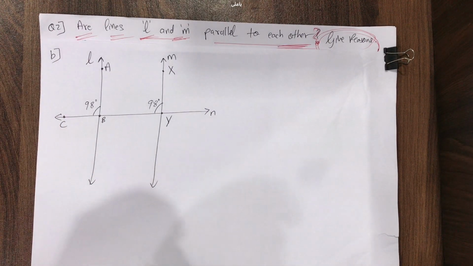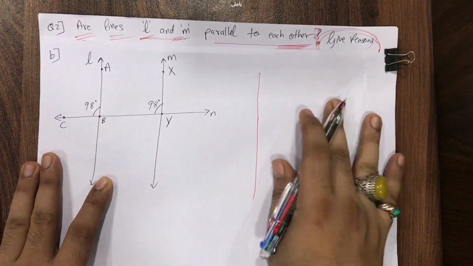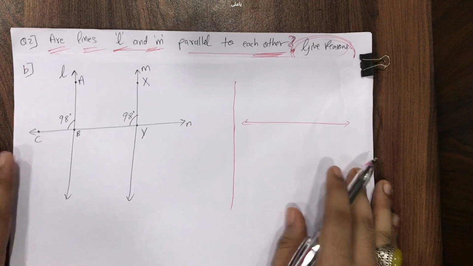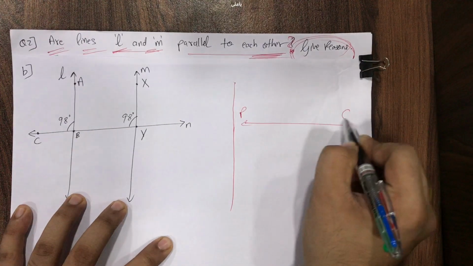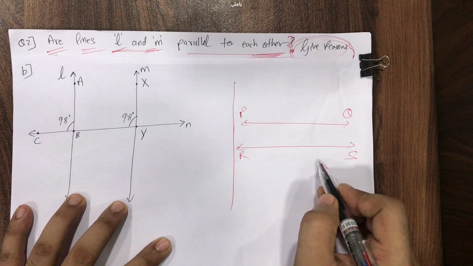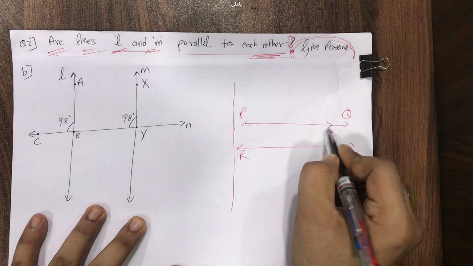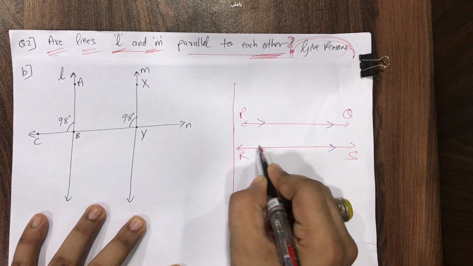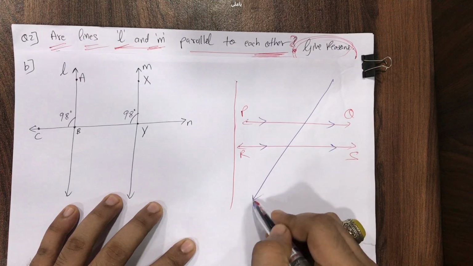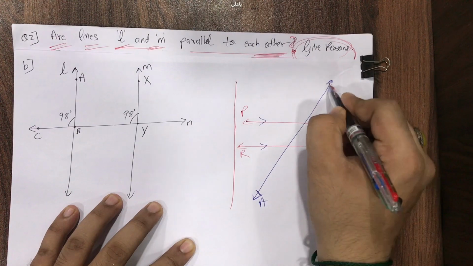In the previous lecture, what I explained, once again from scratch, I'll be explaining on the right hand side over here. We saw that if I have any two lines, let's name them PQ and RS, which are parallel to each other, and if this is a transversal, let's name it AB.